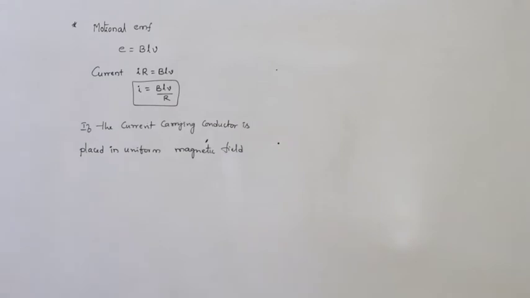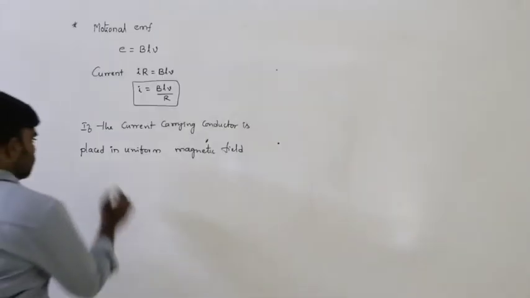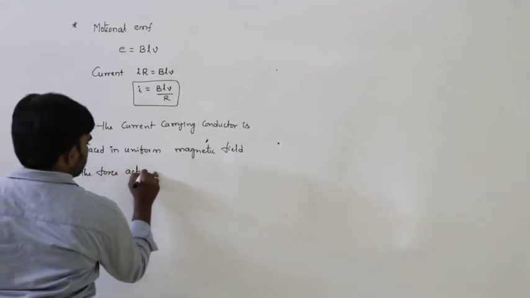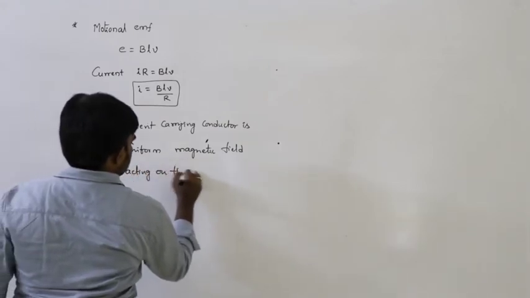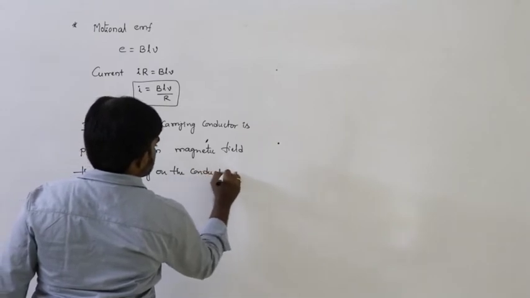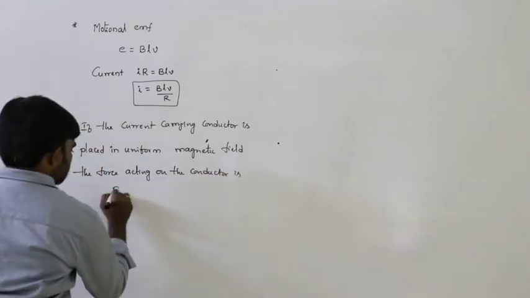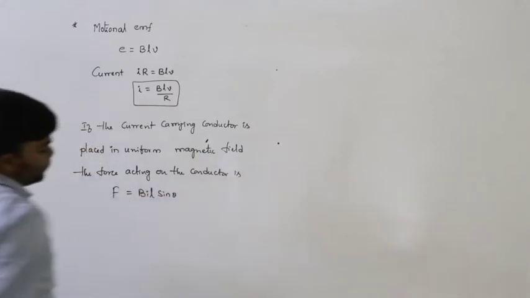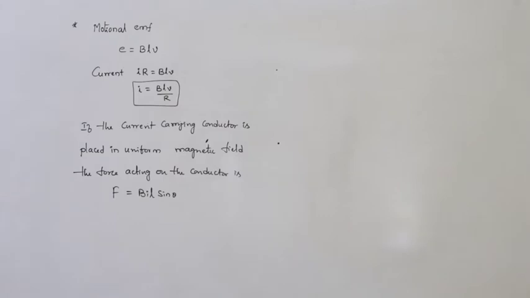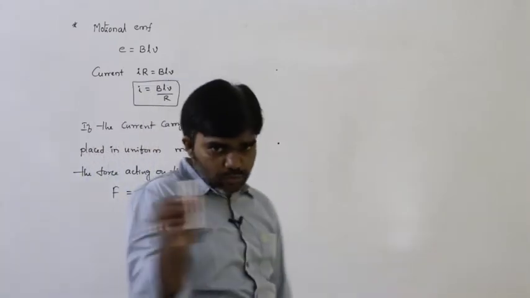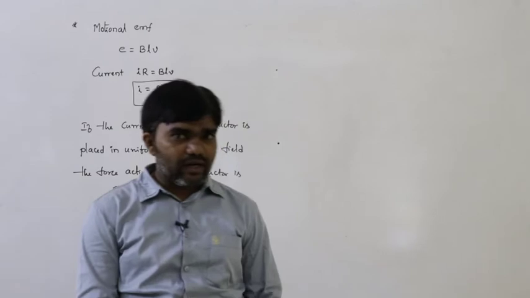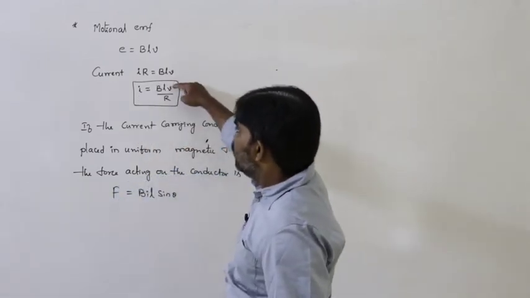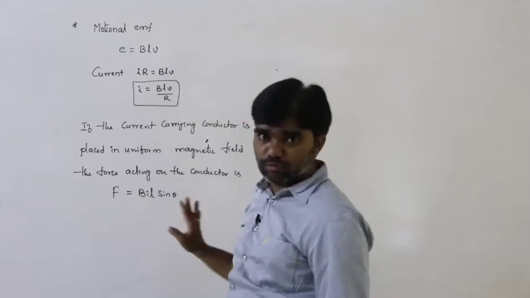If the current carrying conductor is placed in uniform magnetic field, the force acting on the conductor is F equals BIL sin theta. We know that. So if the conductor is moving in the uniform magnetic field, a certain amount of current is developed, that is induced current. So what is that induced current here? BLV by R. Okay, no doubt about that.